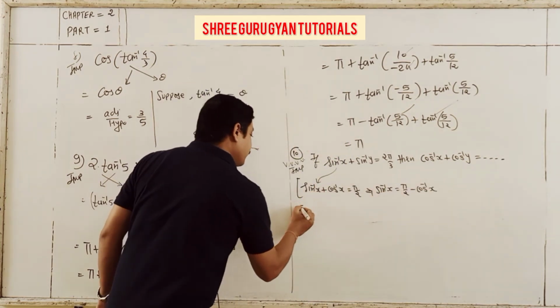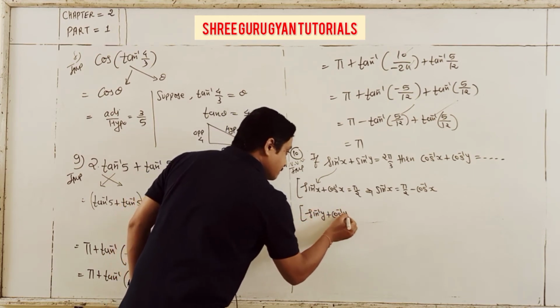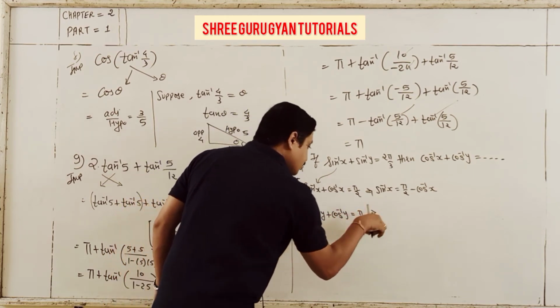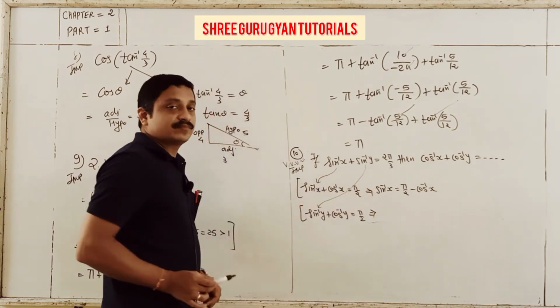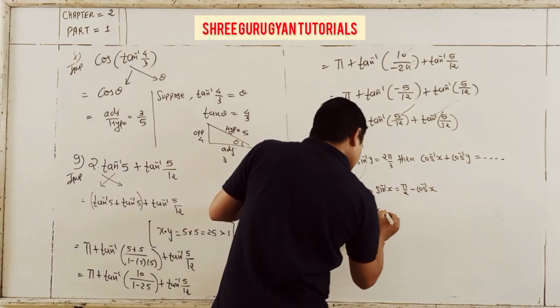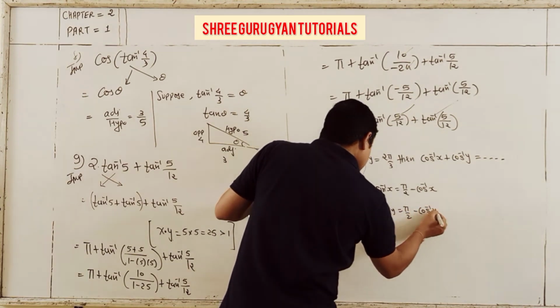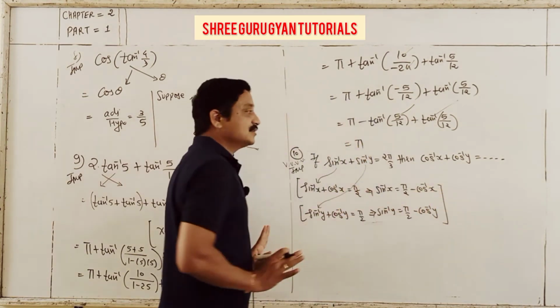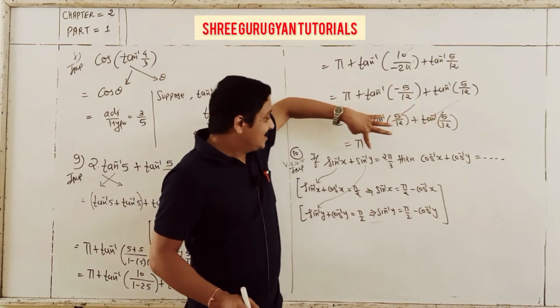Similarly for the second, sin inverse y plus cos inverse y is pi by 2, so sin inverse y is 90 minus cos inverse y, and I put all these values in so the answer comes easily.